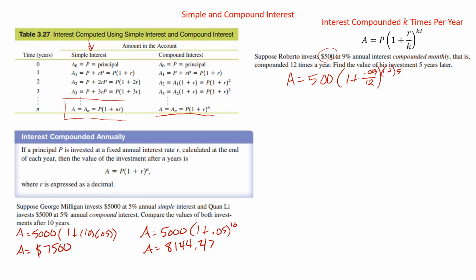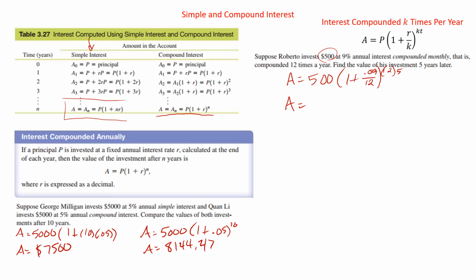And from here, it's really just plug it into the calculator. 0.09 divided by 12 is a number, plus 1 is 1 point something. To the 12 times 5 is 60, so we raise that 1 point something to the 60th power to get a number, and then finally we multiply by that 500.